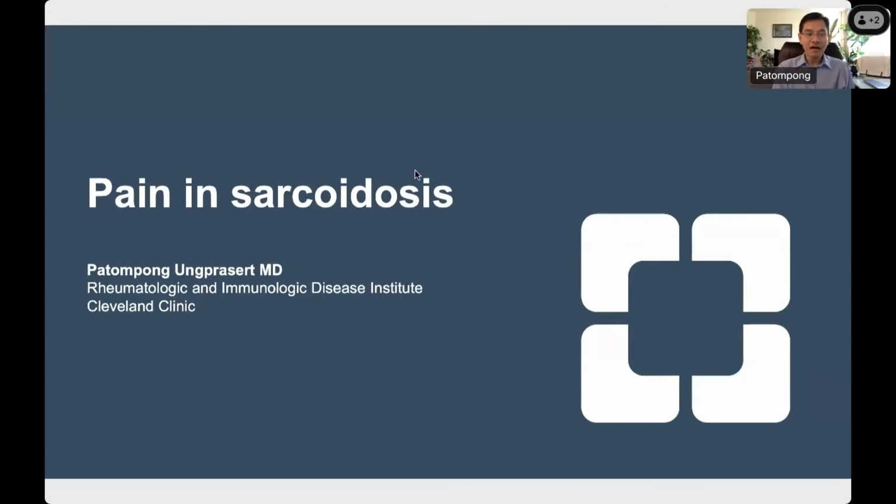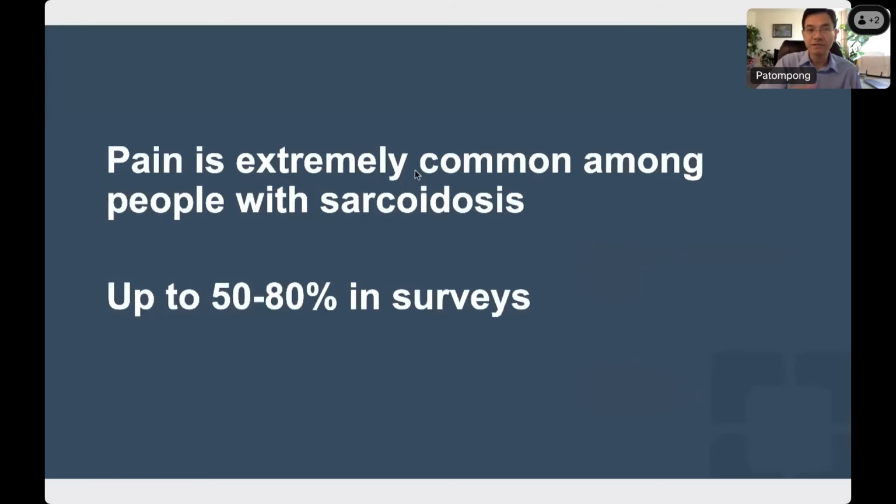So today I'm going to discuss pain in sarcoidosis, which is an important topic in care of people with sarcoidosis because pain is an extremely common manifestation and symptom of people with sarcoidosis. Up to about 50 to 80% of people with sarcoidosis suffer from pain in multiple surveys.